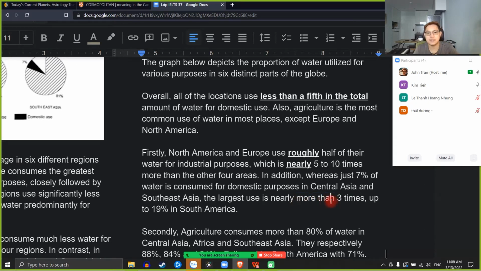No, it's nearly 3 times more. It's nearly 3 times more. It's nearly 3 times more in South America and then up to 19% and here.